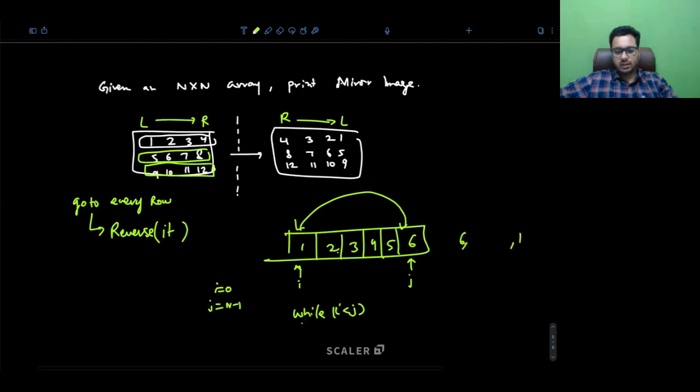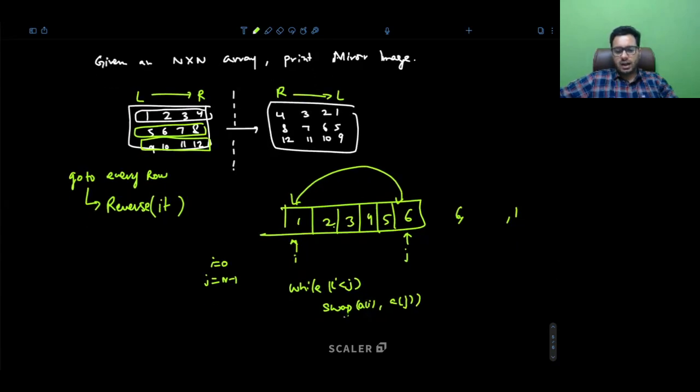Then I swap ai with aj, and I do i plus plus and j minus minus. So i comes here, j comes here, 2 and 5. I swap it, 5 comes here, 2 goes here. Then i goes here, j goes here. I swap it, it becomes 4 and 3. And after that, the loop will stop, right?